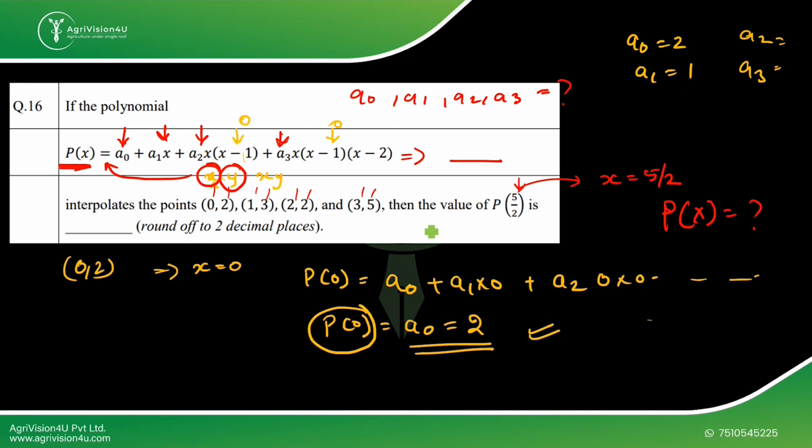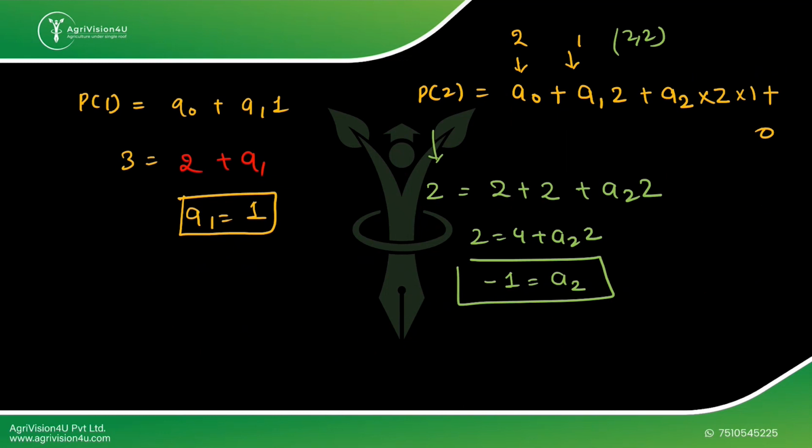Now that you know all the other values, you have to use the last point, 3 comma 5, and calculate accordingly. If you put the x value as 3, P3 will be 5, that is already given, that is the y value.